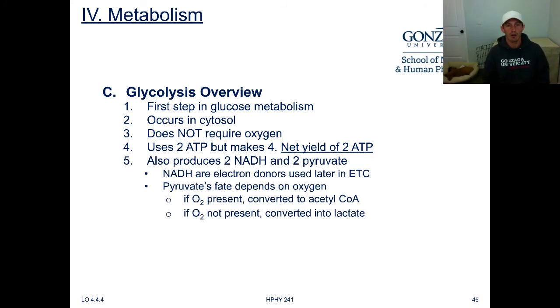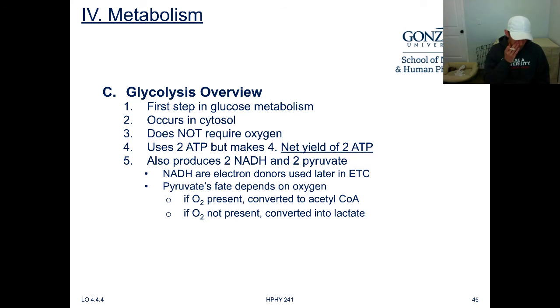Also in the process of glycolysis, at the end it's going to produce 2 molecules of NADH. NADH is an electron donor, and I'll get to that here in a little bit. Glycolysis also produces 2 molecules of a substance called pyruvate. Pyruvate is the intermediate that leads us on to the citric acid cycle or lactate production, which depends on the level of oxygen.